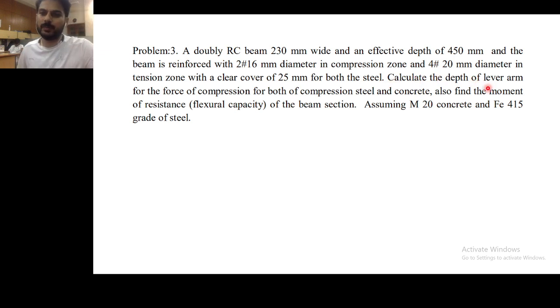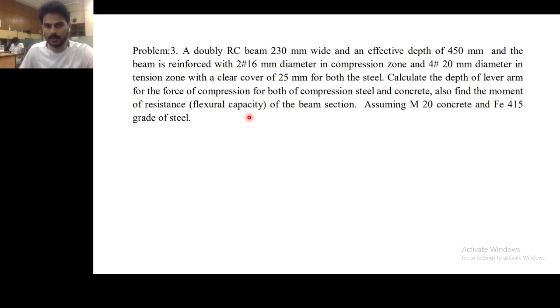Calculate the depth of the lever arm for the force of compression for both the compression steel and the concrete, and also find the moment of resistance, the flexure capacity of the beam section. Assume M20 grade concrete and Fe 415 grade steel.